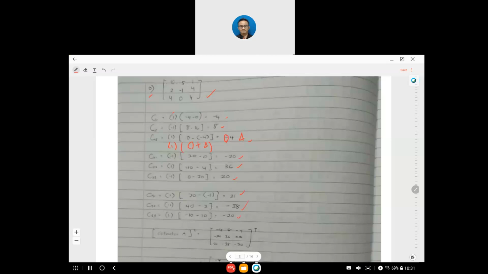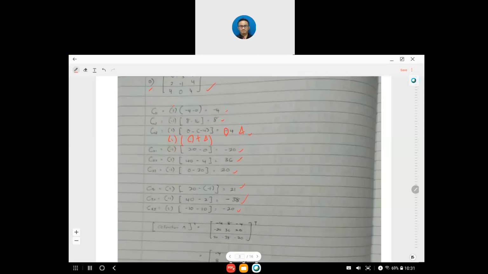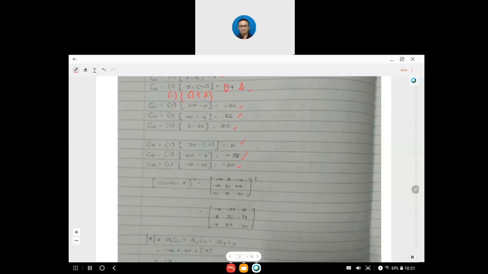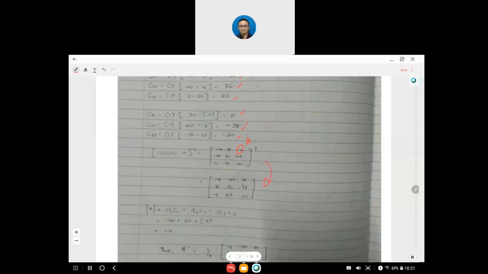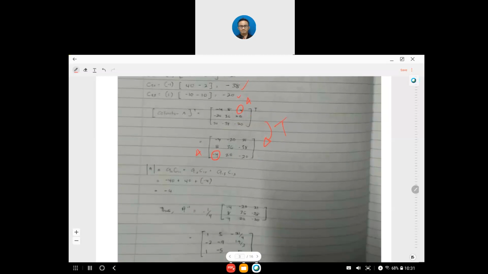Okay, after you substitute in the cofactor transpose, okay, so this one is 4, not -4. And then you transpose, it becomes this matrix. Also the same thing, this one is 4, not -4. Okay.